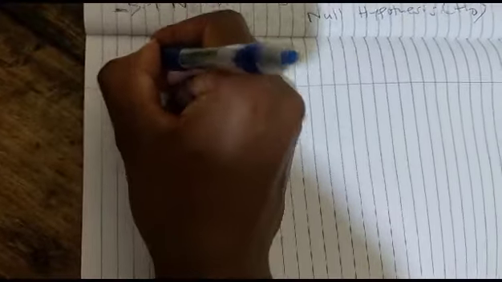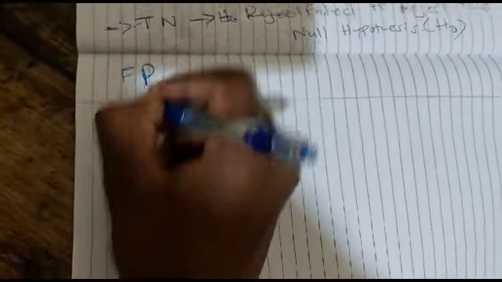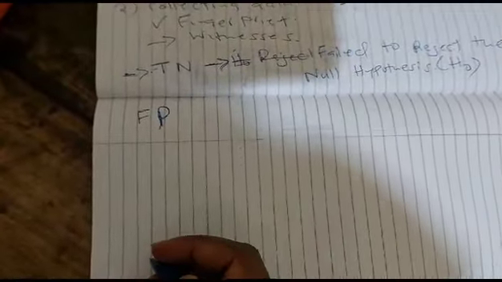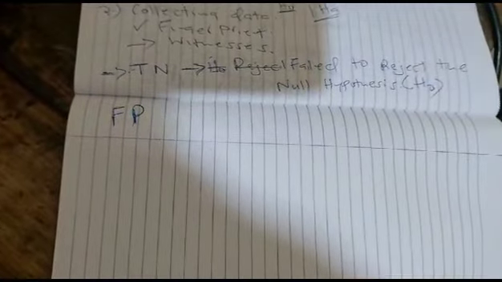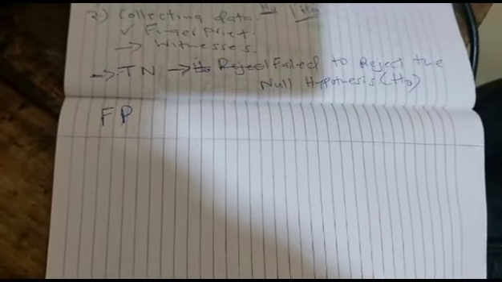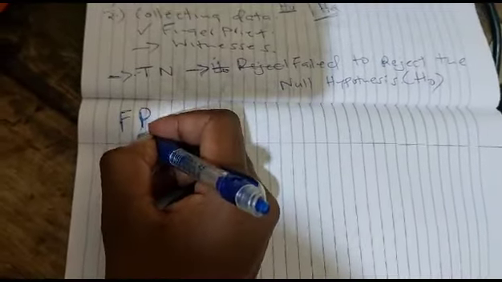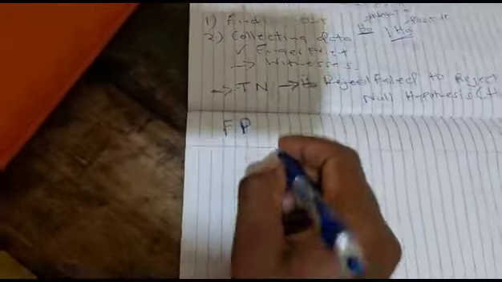So it will be a false positive, since he is not actually guilty. We know that this person is not guilty, but because we don't have enough evidence, we are saying that this person is guilty. So it will be a false positive, a false alternative.